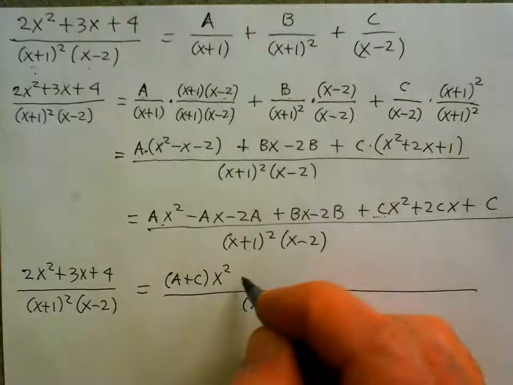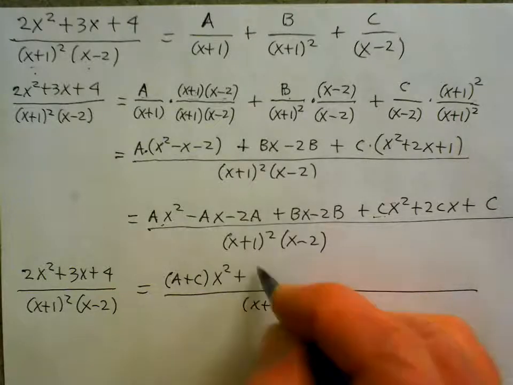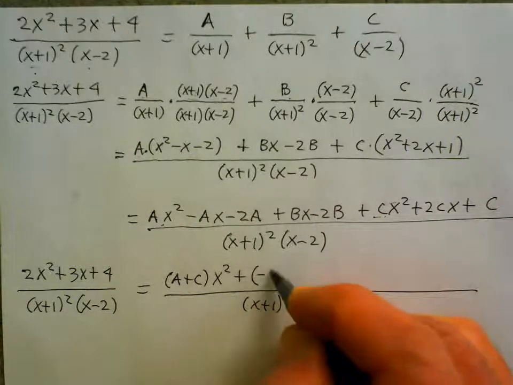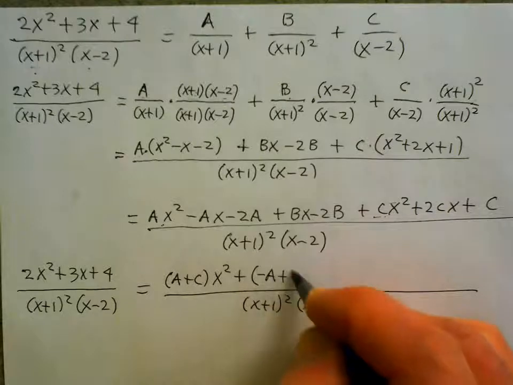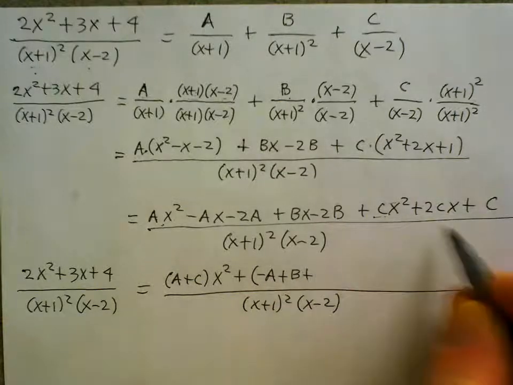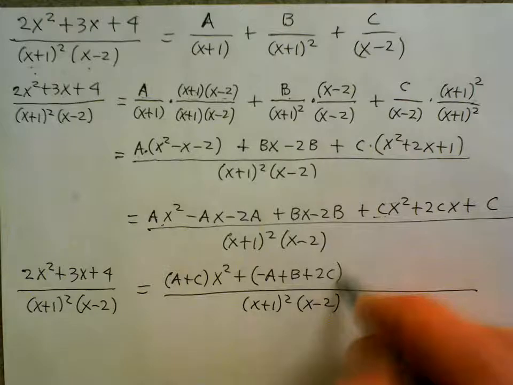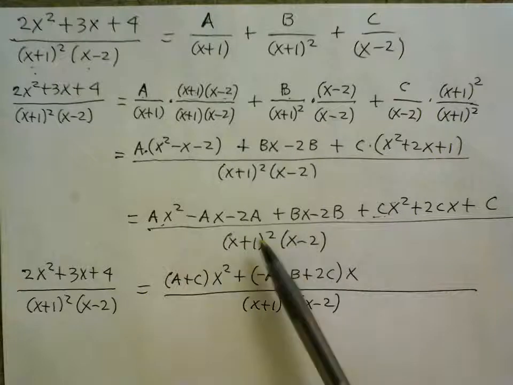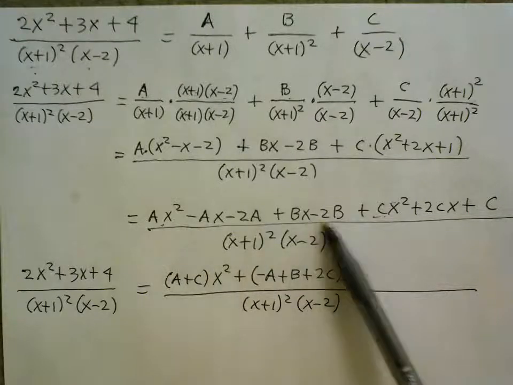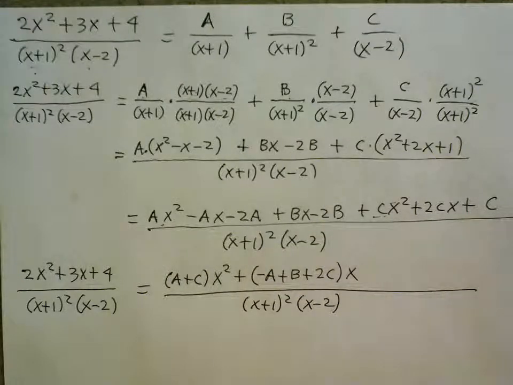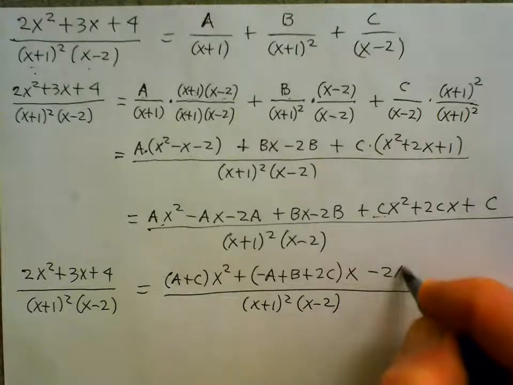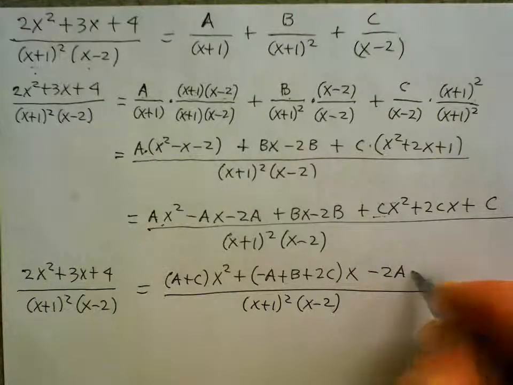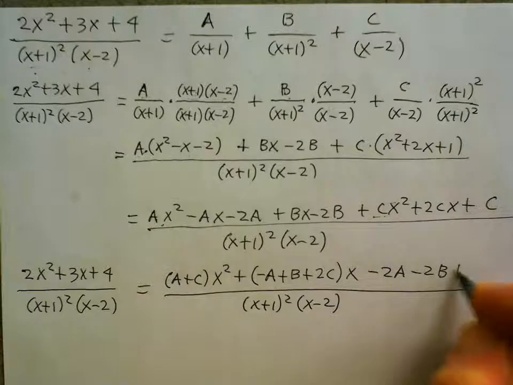So I'll write this as plus the quantity, negative a plus b plus 2c times x. And then the constant is minus 2a minus 2b plus c.